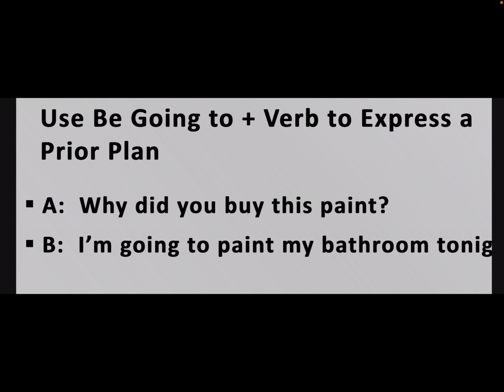That's her reply. So my question is, why did you buy this paint? My sister's reply is, I'm going to paint my bathroom tonight. So be going to is expressing a plan. She has a plan to paint her bathroom tonight, and that is why she bought the paint.